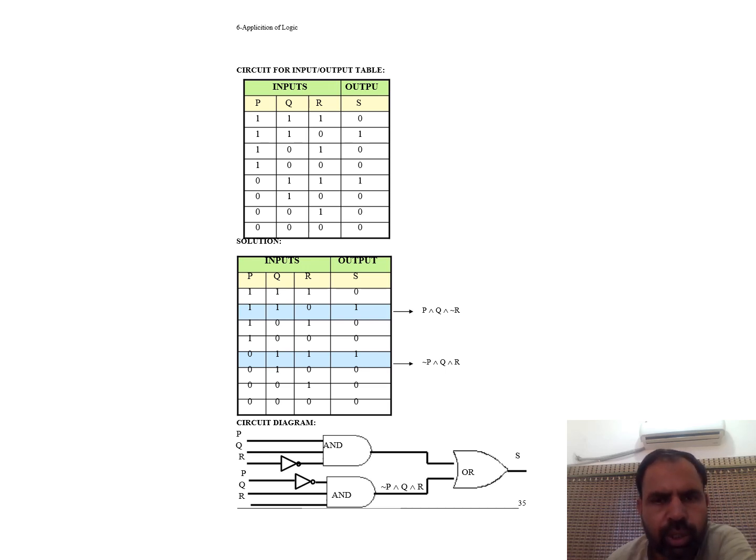It means it's negation P and Q and R. So this is the circuit diagram here: P, Q, R, with NOT gates, AND, and OR.